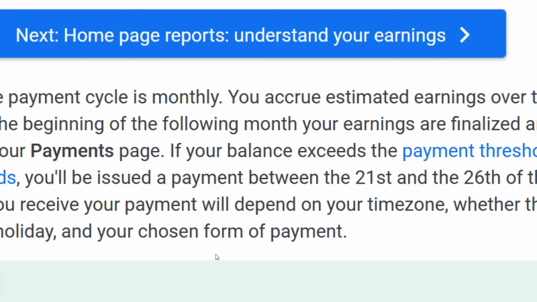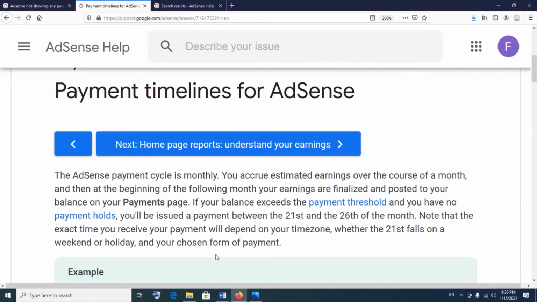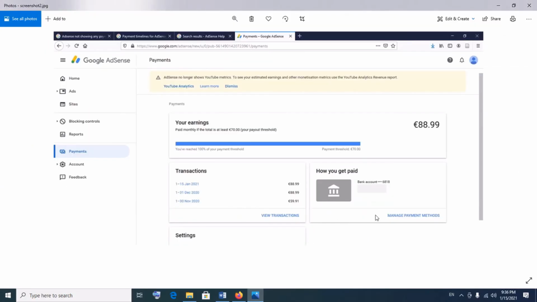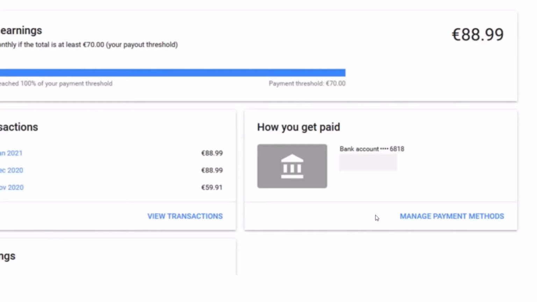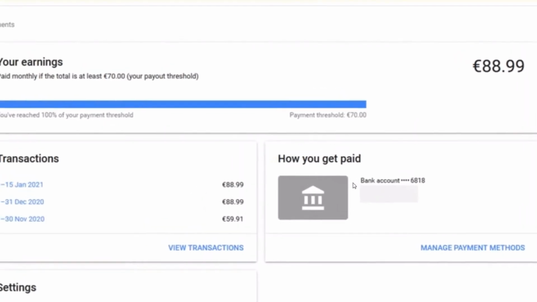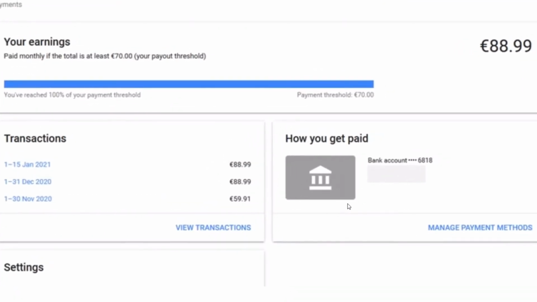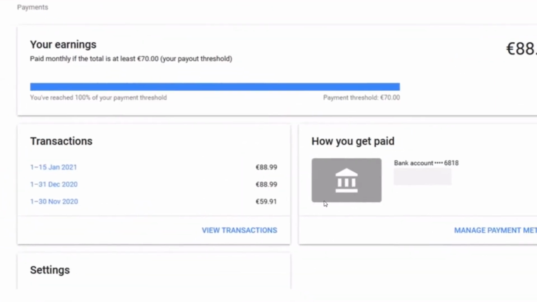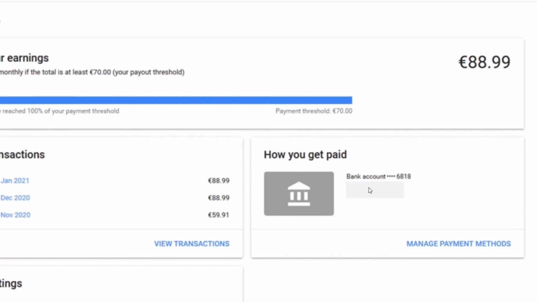Okay, so when we talk of the payment method or the chosen form of payment, which one did I choose? I chose EFT, electronic funds transfer. Okay, so I'm going to show you the details in case you are using electronic funds transfer or wire transfer. The time of waiting will vary.